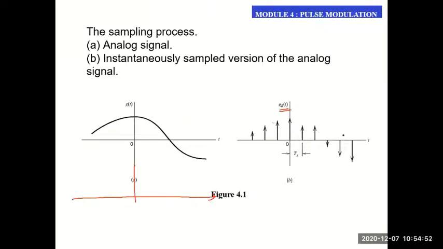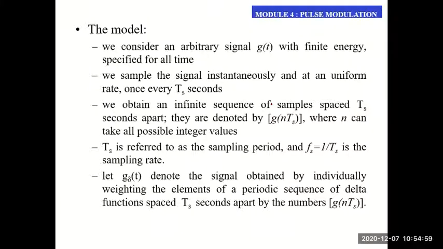You see here in the waveform, is g of nTs the same as g delta of t? No, g of nTs is not g delta of t exactly. I'll show you later. g of nTs is slightly different from g delta of t.